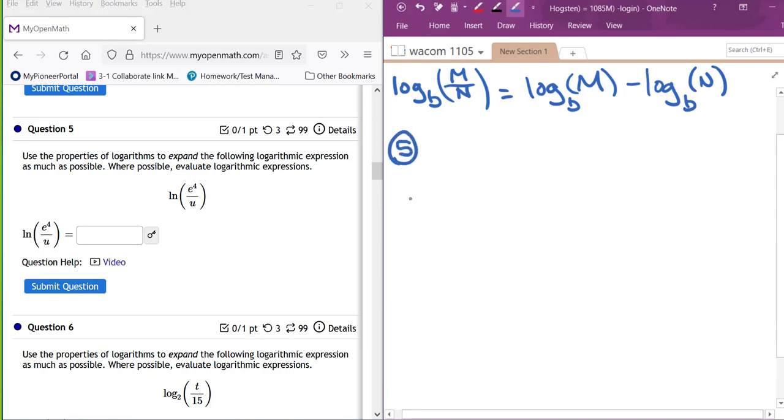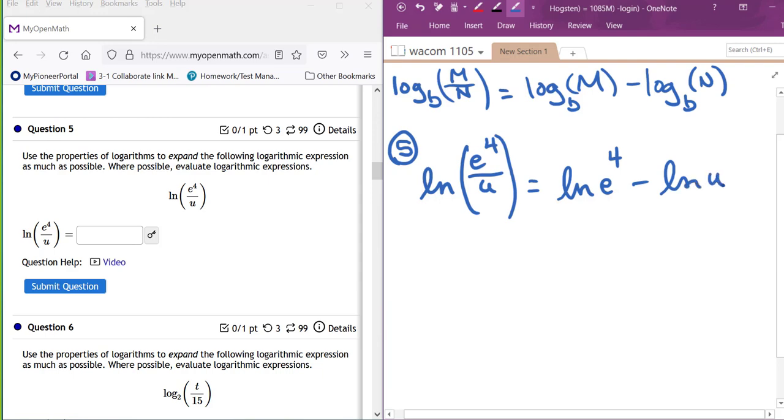So here we have natural log of e to the fourth over u would be ln e to the fourth minus ln of u. And this one, remember this is base e. These are the same. The answer here is the exponent. So that one will simplify. This one will not. So 4 minus the ln of u.